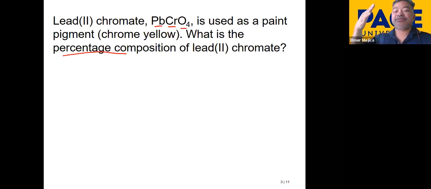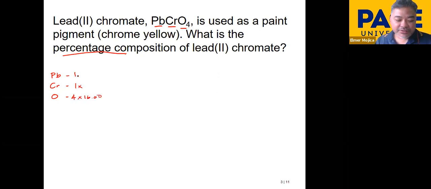But once you see the contribution of each element, you divide it by the total. So PbCrO4, you have 1, 1, 4, and oxygen is usually 16. Chromium, I think we determined it as 51.996, and lead is 207.2.